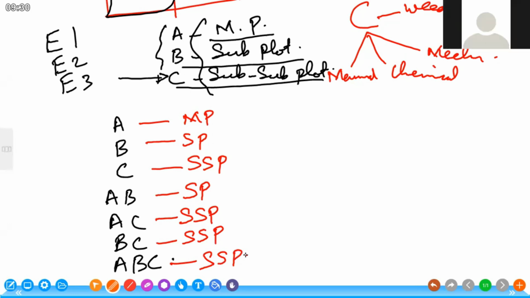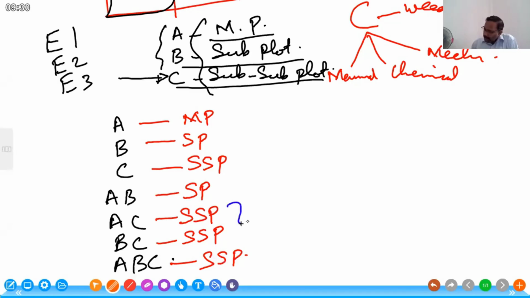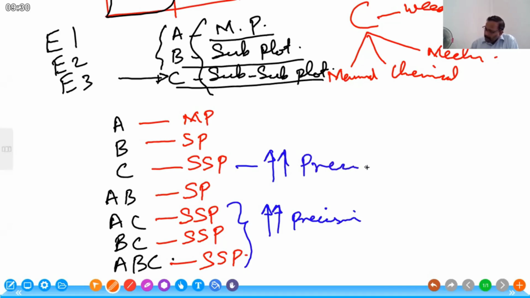You see, when you estimate these values, this is high precision. Then what is the next highest precision? AB and B. So 3 precision levels.